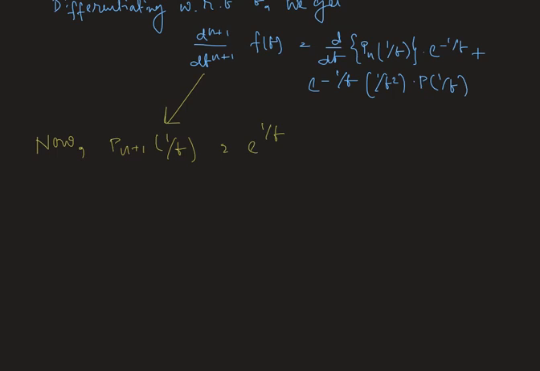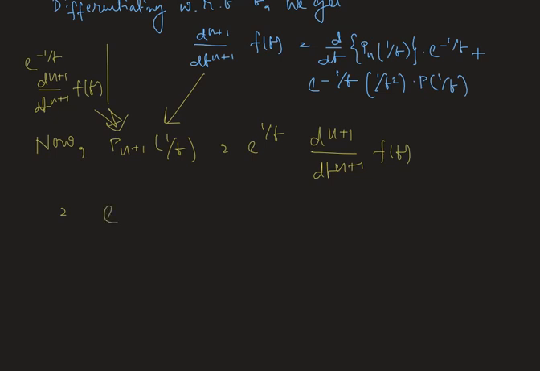Sorry, if we multiply e to the power 1 by t with d^(n+1)/dt^(n+1) f(t), then we get P(n+1)(1/t), which equals e to the power 1 by t d^(n+1)/dt^(n+1) f(t).